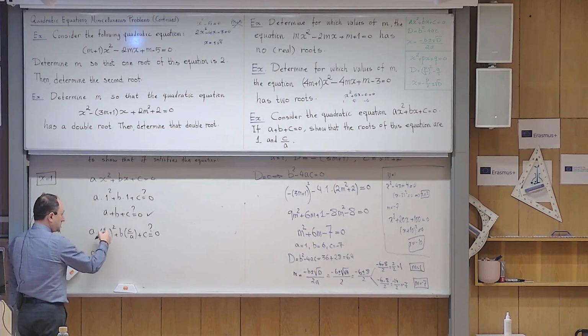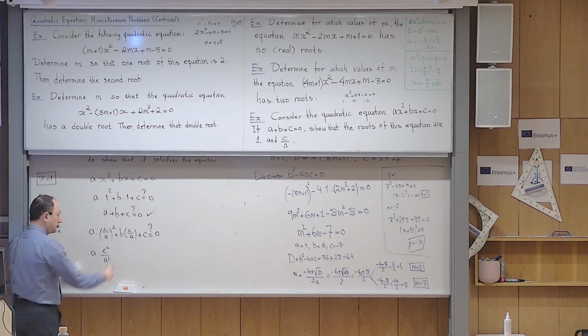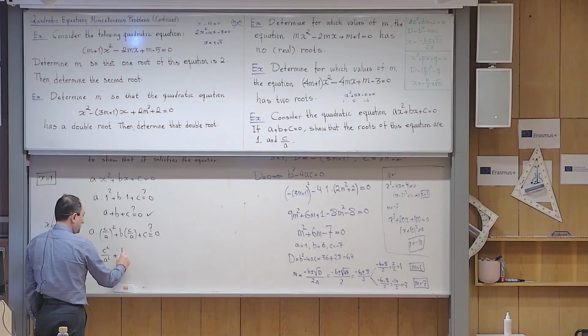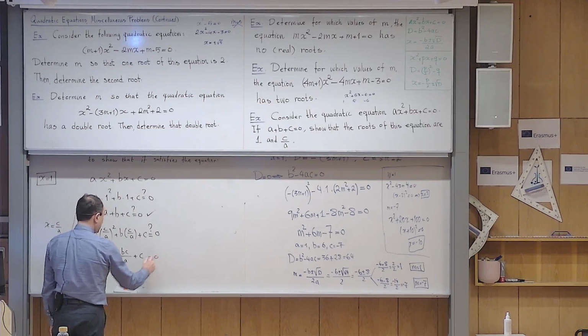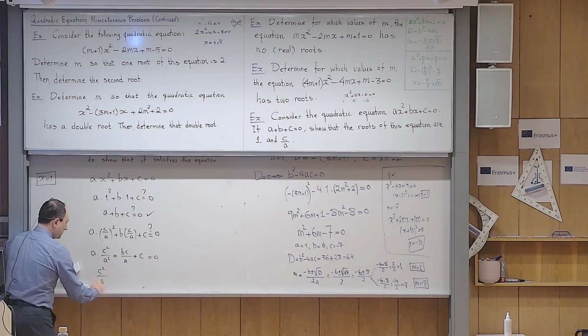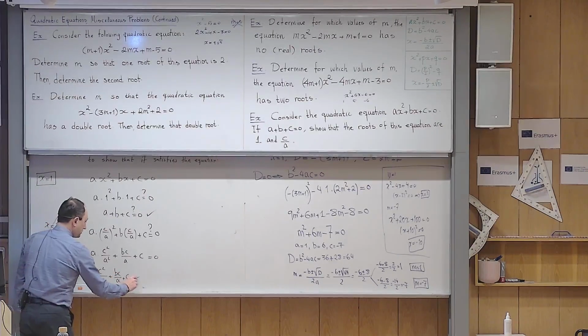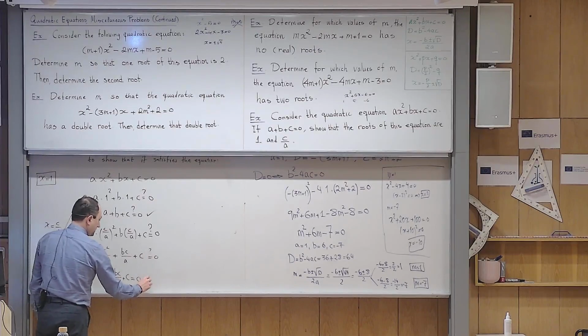This becomes a, c squared over a squared, yes? And then what do I have here? It is bc over a, and then I have c equals 0. 1a and 1a are cancelled, so it is c squared over a plus bc over a plus c equals 0. I need to ask if this is true or false.